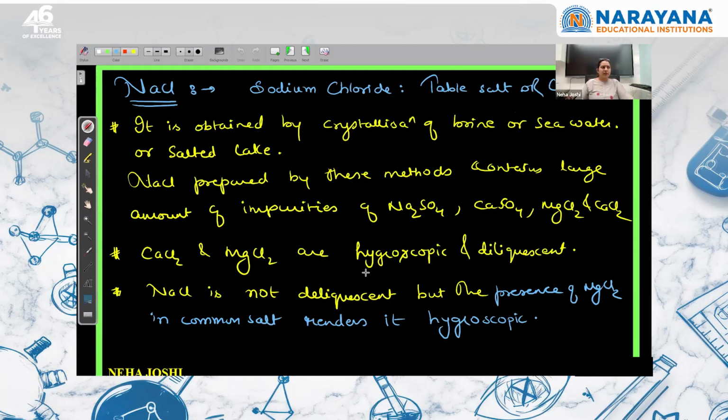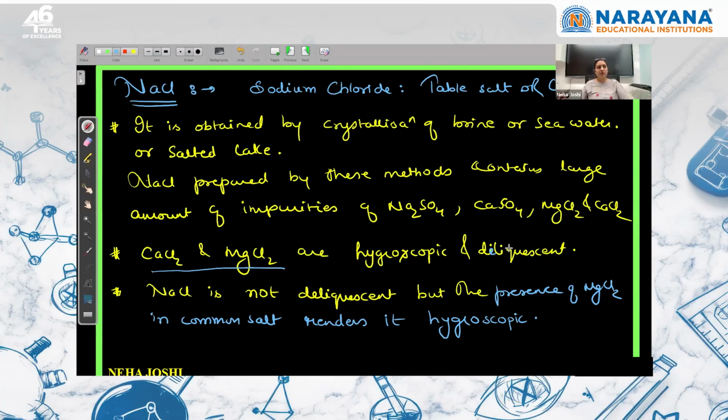Nothing important, but yes. If you talk of NaCl, NaCl is not hygroscopic or deliquescent. Remember that. Because of the impurities of CaCl2 and MgCl2, it gives us the misinformation that it is hygroscopic and deliquescent.